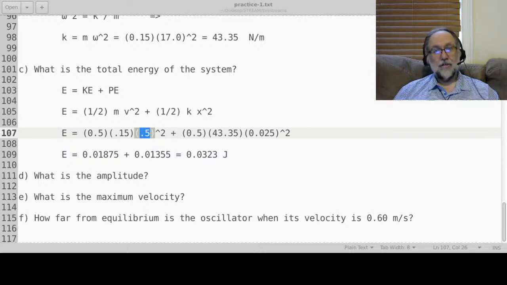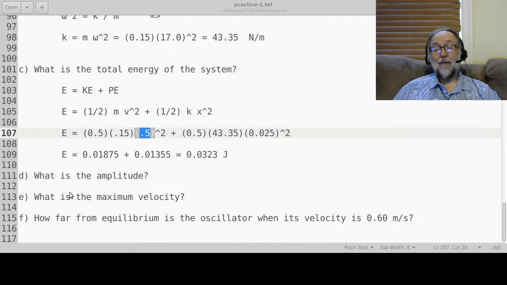Because energy is conserved. The kinetic energy will change, the potential energy will change, but when you add them together, you'll get a number that doesn't change no matter where you are in the cycle. That's the way you should be thinking about this. If you get the total energy anywhere in the cycle, you've got the total energy everywhere in the cycle. So there's the total energy, and that answers that question.